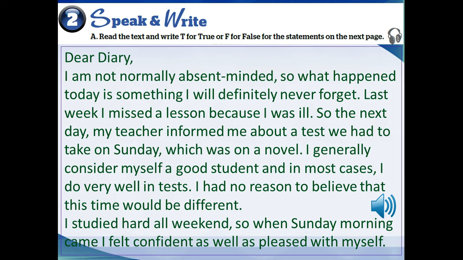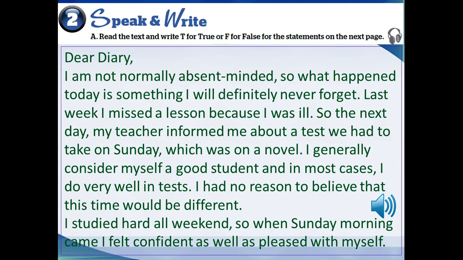Last week I missed a lesson because I was ill, So the next day my teacher informed me about a test we had to take on Sunday. which was on a novel. I generally consider myself a good student, and in most cases I do very well in tests. I had no reason to believe that this time would be different. I studied hard all weekend. So when Sunday morning came, I felt confident as well as pleased with myself.